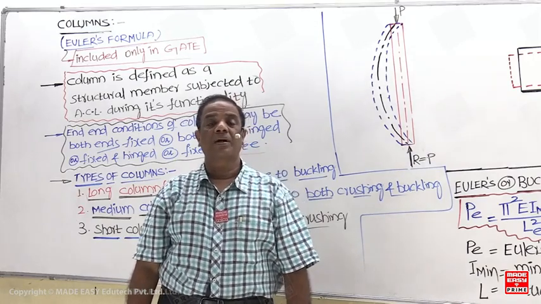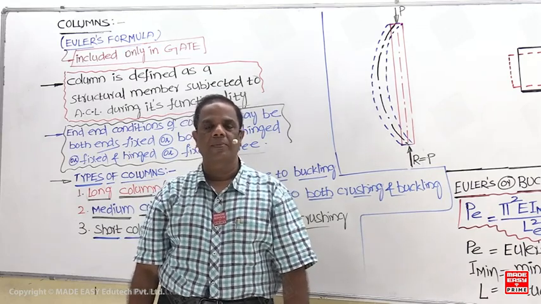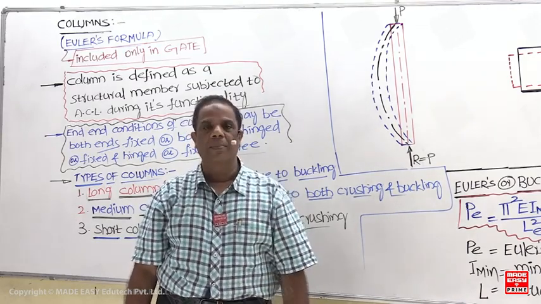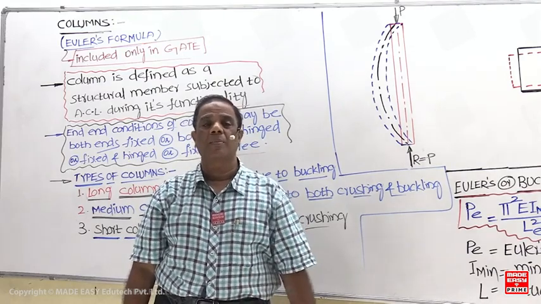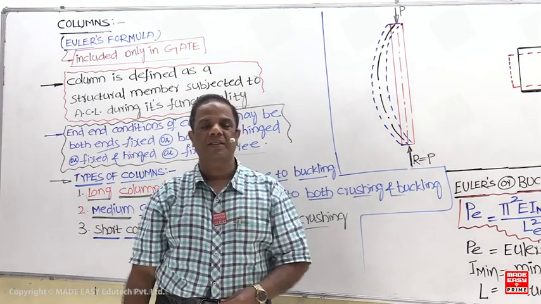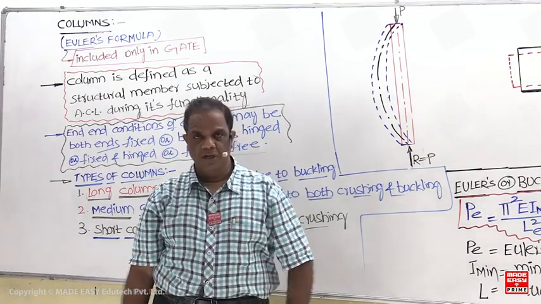The other possibilities are fixed and hinged, just like a propped cantilever beam, and fixed and free, just like a cantilever beam. So the difference between beam and column is that columns are subjected to axial compressive load, and beams to transverse shear load.